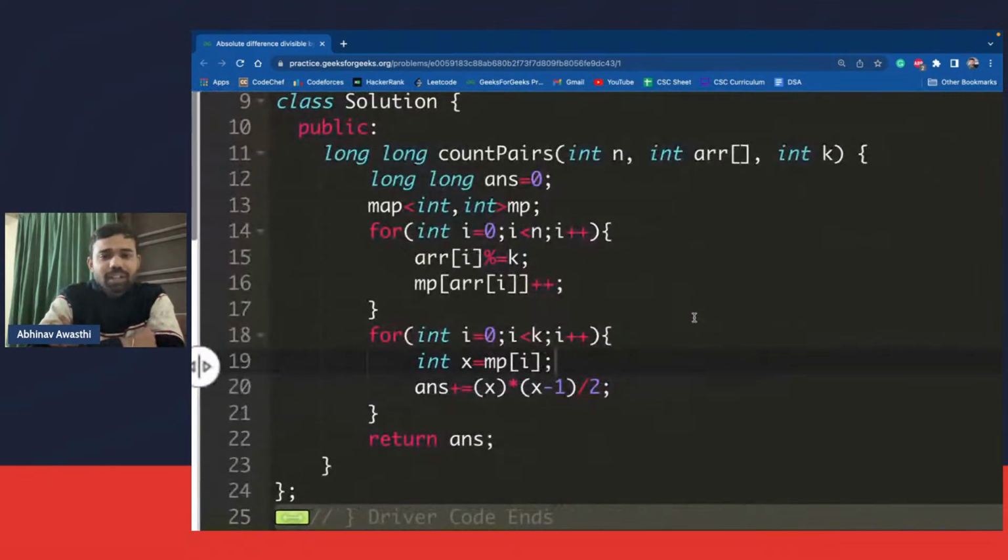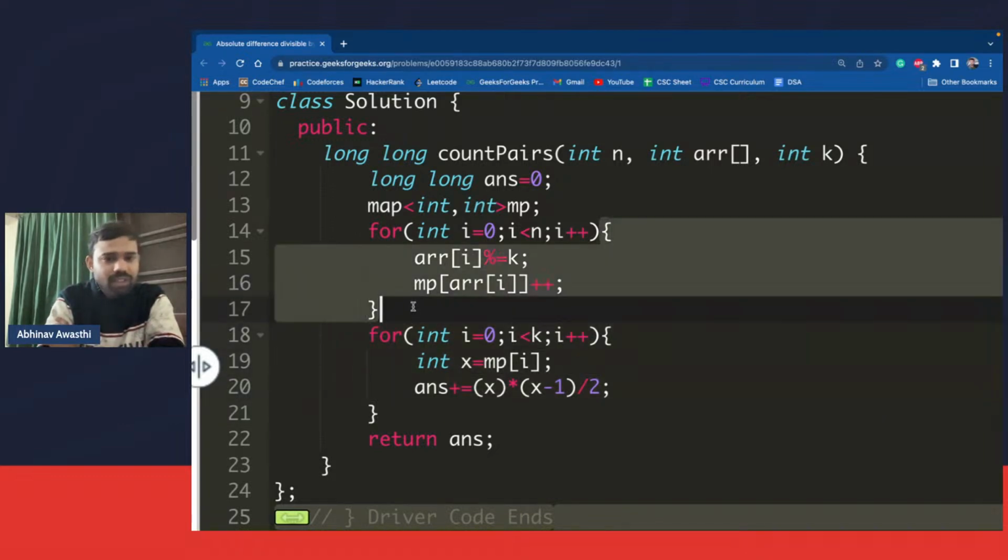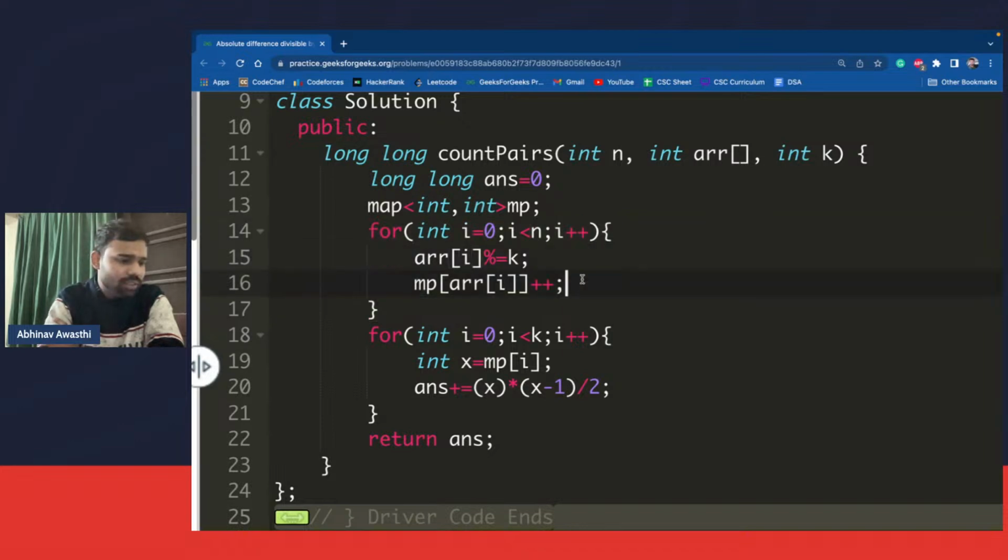It's from 0 to n. This is the single iteration: first taking the mod, and then the frequency. And after that, this one is just to calculate for the different remainders, from 0 to k minus 1.